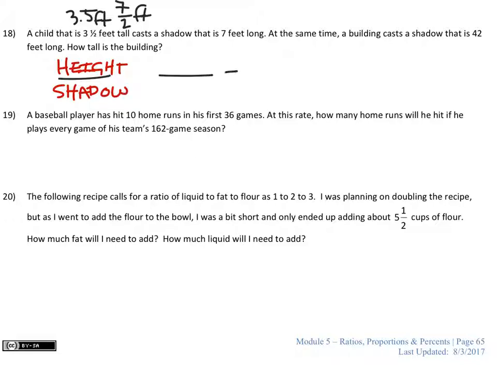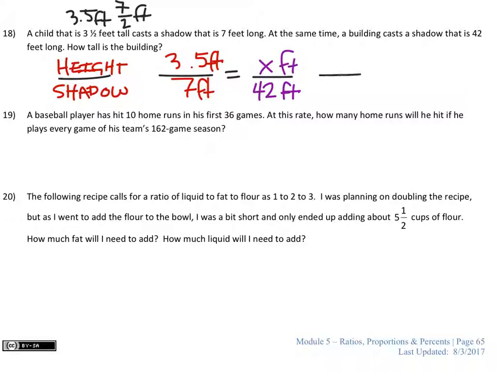Well, this should help us set up the proportion. The height of the child is, we said we'd use 3.5, and the shadow is 7 feet. Yeah, we can label these in feet too. Whereas the building has a shadow that is 42 feet long. So we want to figure out the height of the building.